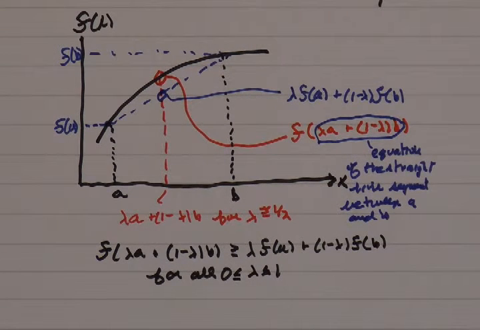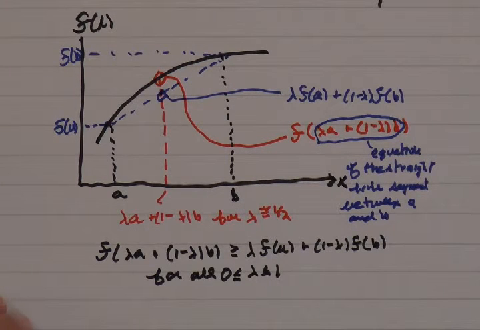All it says is that our function must lie on or above the straight line between any 2 points on it.